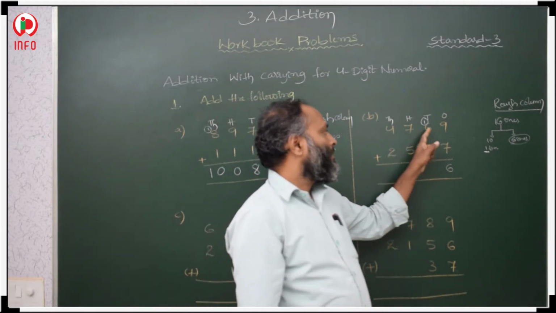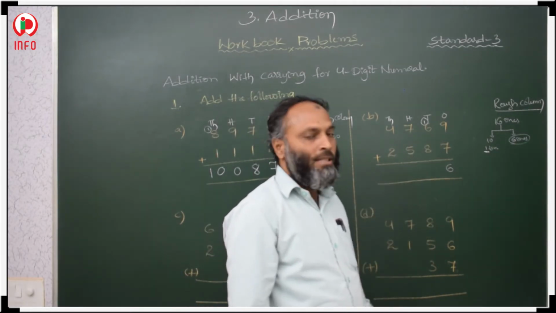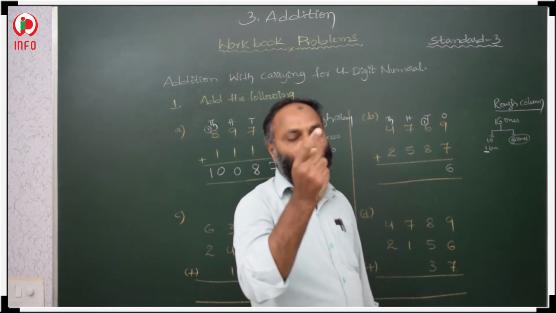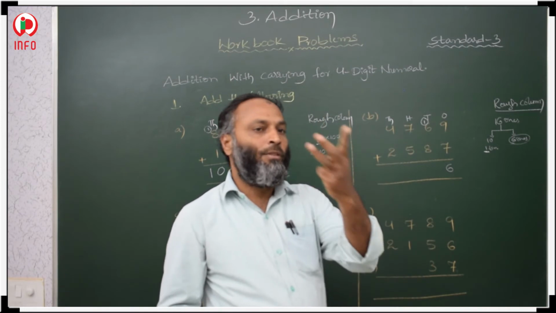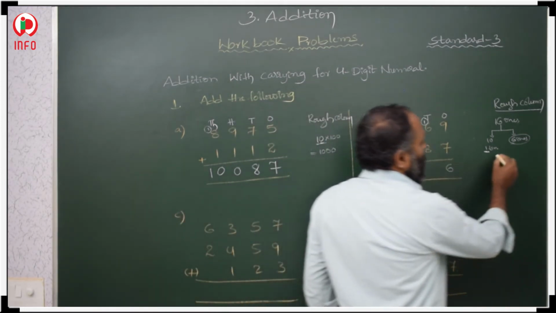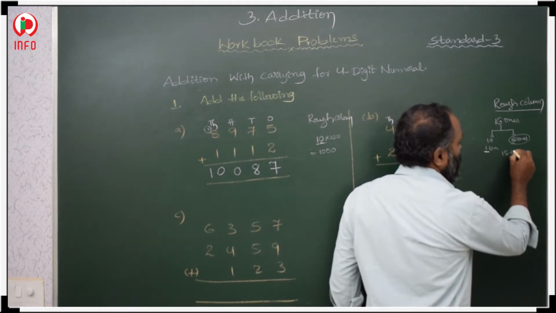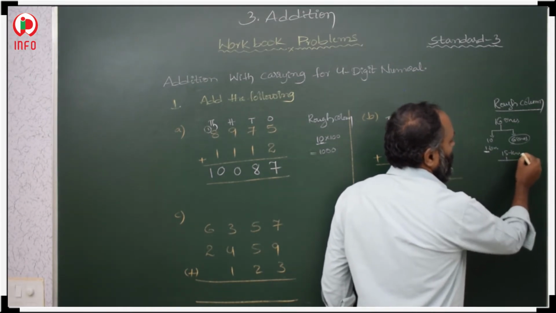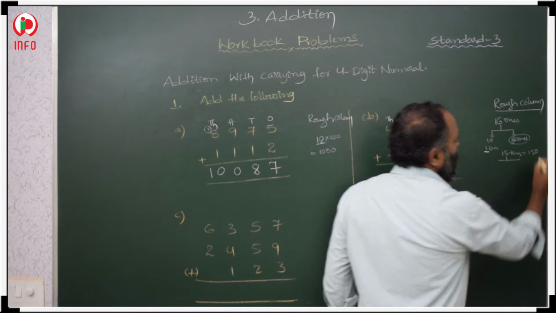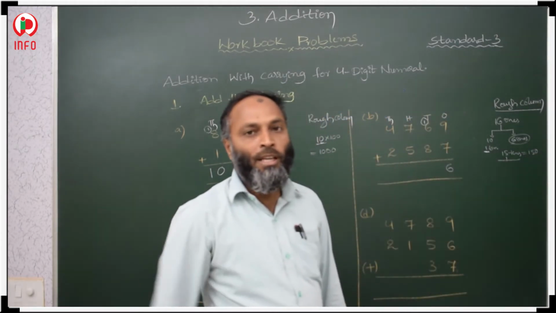Now 6 plus 1, 7. 7 plus 8, 7, 8, 9, 10, 11, 12, 13, 14, 15. 15 tens. Now 15 tens is 150.